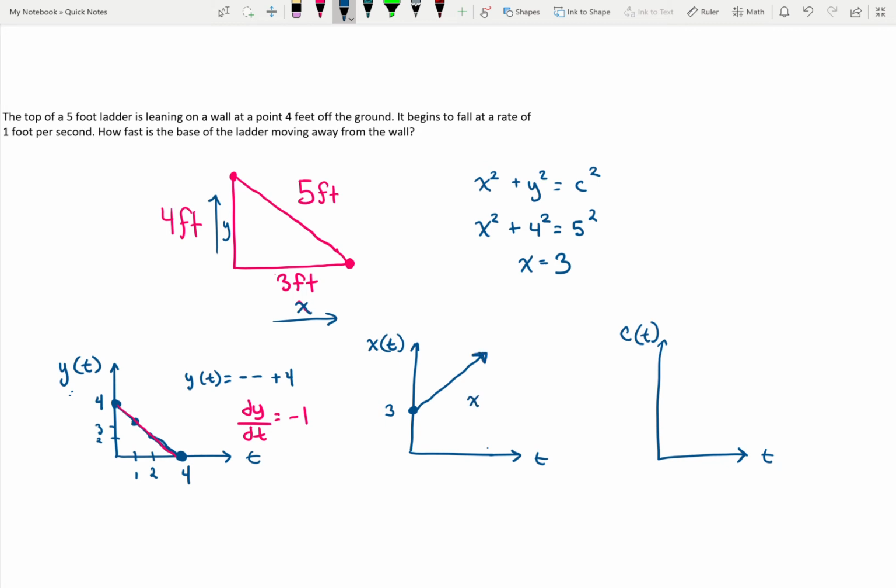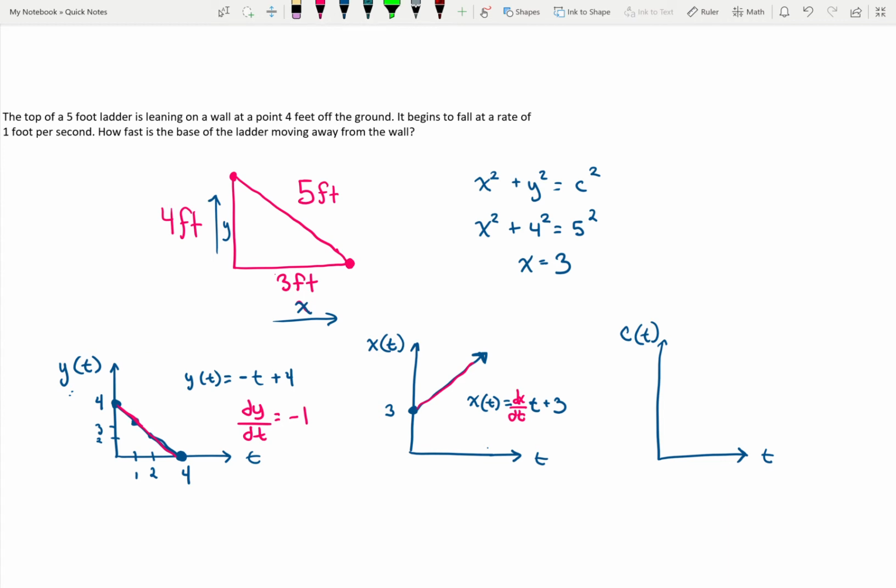So we have x of t equals, well, the y-intercept is 3, and we have t times the slope of the function. But the slope of the function is dx/dt, right? We just said that right here. The slope of this function is dx/dt, just like how the slope of this guy right here was dy/dt.